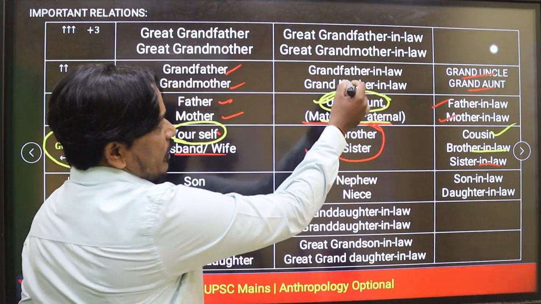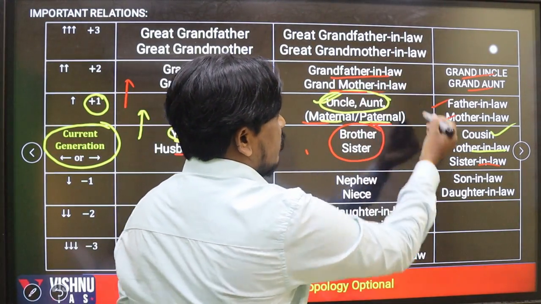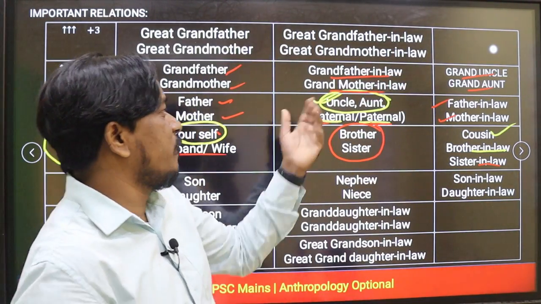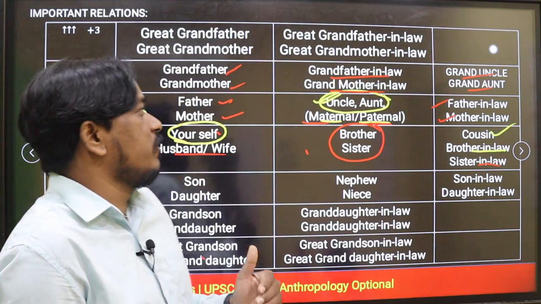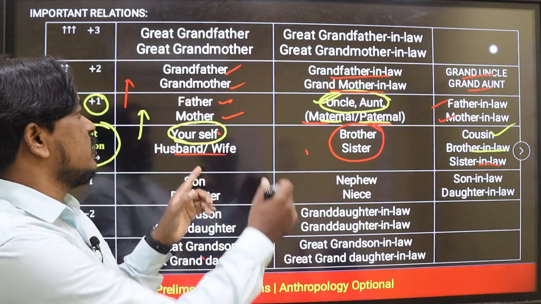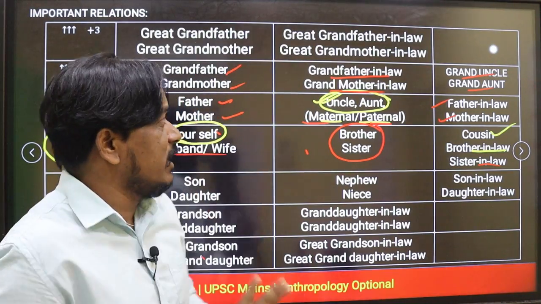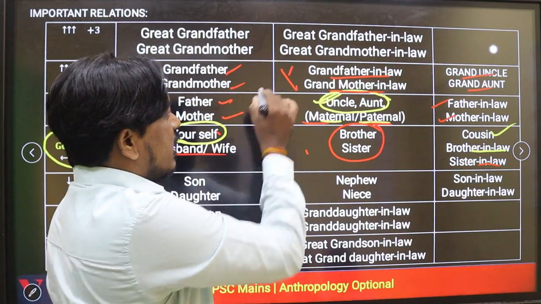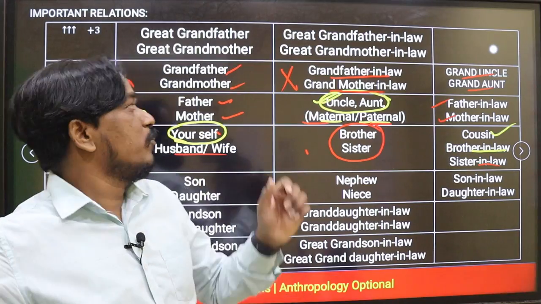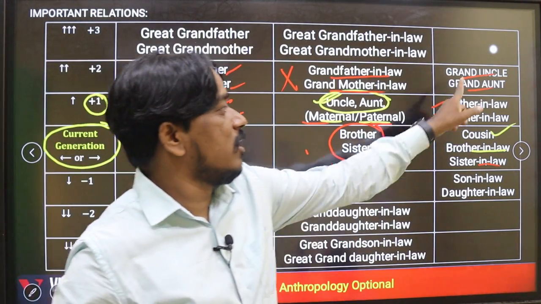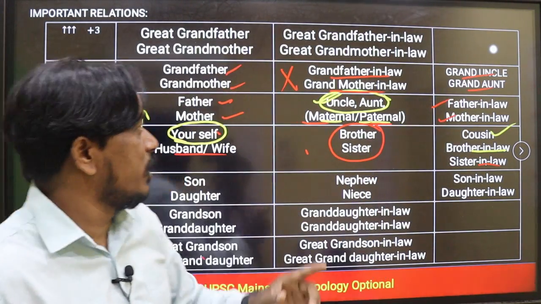Similarly, we can take grandfather-in-law and grandmother-in-law here. Grandfather-in-law means your father's father-in-law, you can take it directly. But these two words are not that important, while grandfather, grandmother, granduncle, and grandaunt are very, very important in the grandparent generation.